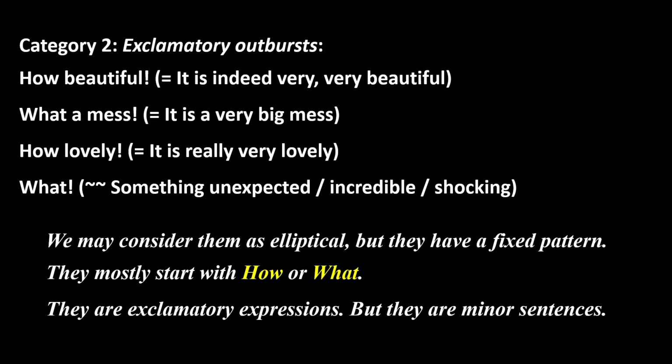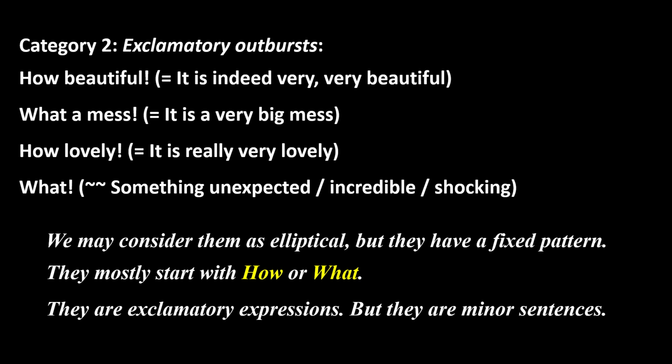So, how beautiful! What a mess! How lovely! These are full sentences, complete sentences without verbs. They are minor sentences, category 2, exclamatory outbursts. Like, how beautiful! How lovely! What a mess! These are exclamatory outbursts, category 2, minor sentences.